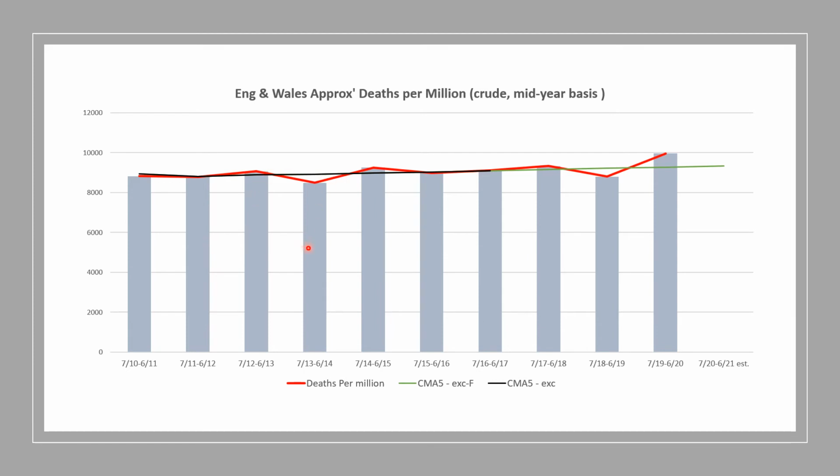The year 2013 to 2014, the trend value is calculated by this year plus this year plus this year plus this year plus this year divided by 5, and that year is particularly below trend. The reason I can draw the black line in these first 2 years is I actually have data over here as well.